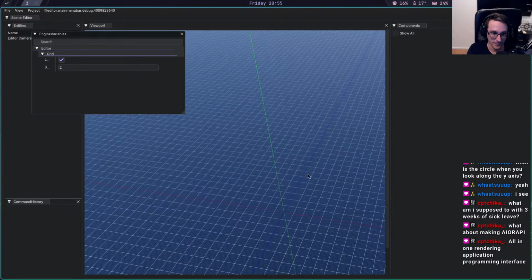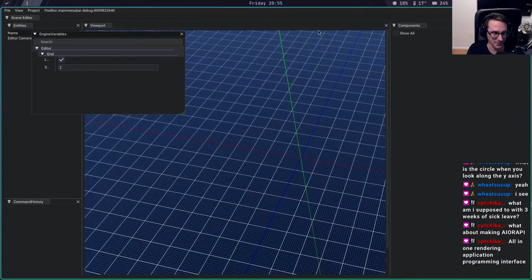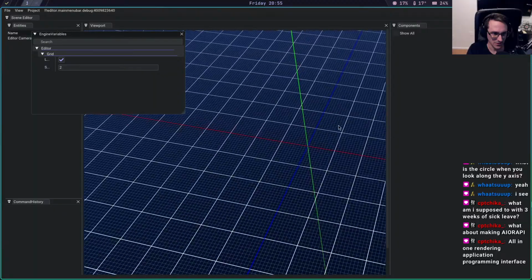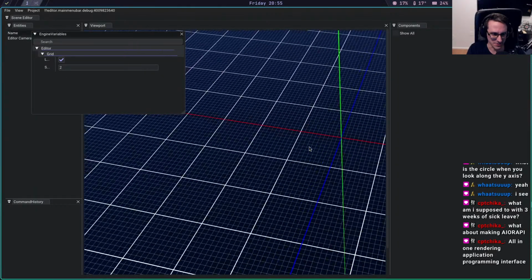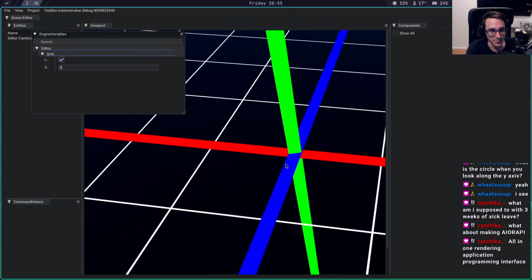Yeah. So basically you can decide which level you want. I will probably add a nicer UI for that. And one that actually tells you the world unit instead of the level here. But yeah, that's basically that. So I could crank it up, right?